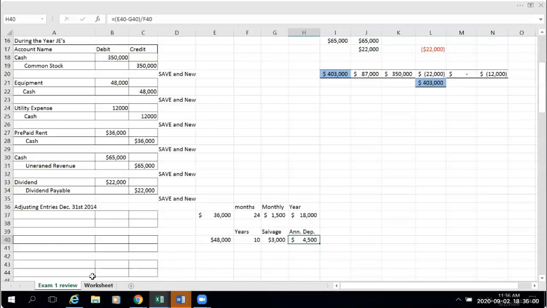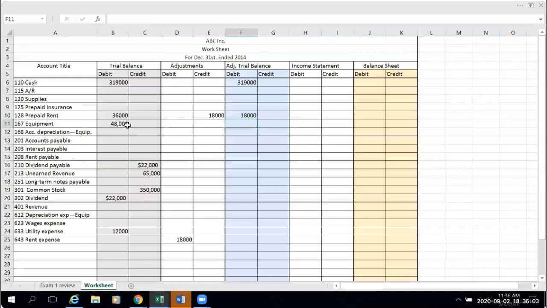So let's go to the worksheet. So we suggest that this equipment needs to be depreciated. In accounting, according to GAAP, you don't touch equipment here. So don't touch it. But if I don't touch it, how do I depreciate it? GAAP says create a contra account. A contra account is an account that is linked to the main account, as you see. It's right after it, 67, 68, as you see. And that contra account will provide the same reflection as if you credit equipment.